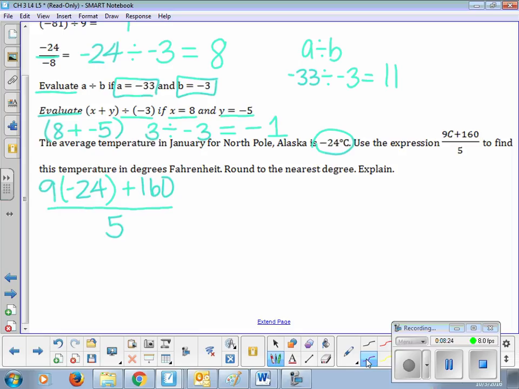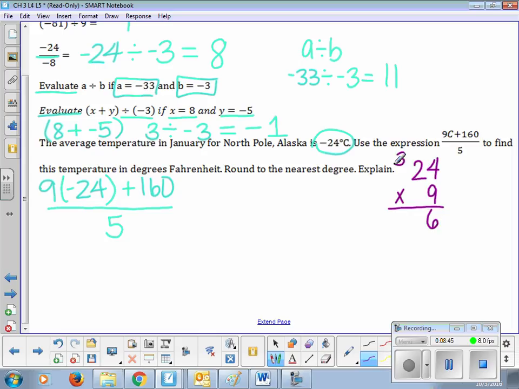We can break this down, and first we want to find what 9 times negative 24 is. So off to the side, you can do 24 times 9. What is 9 times 4? 36.